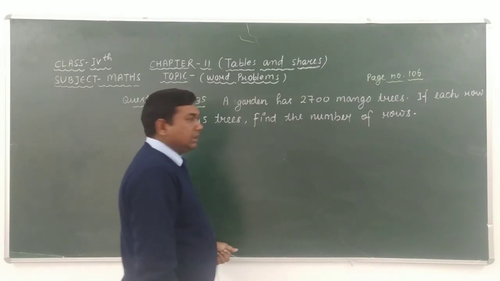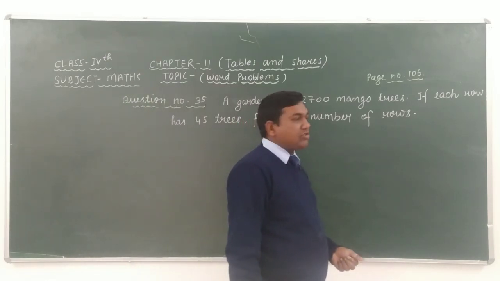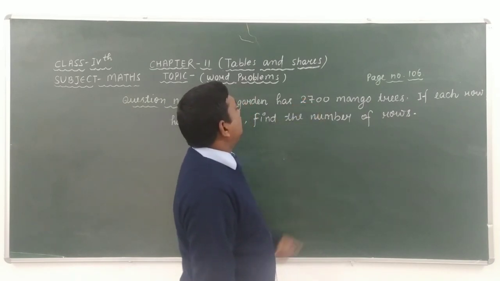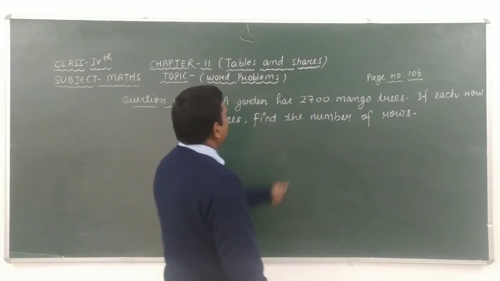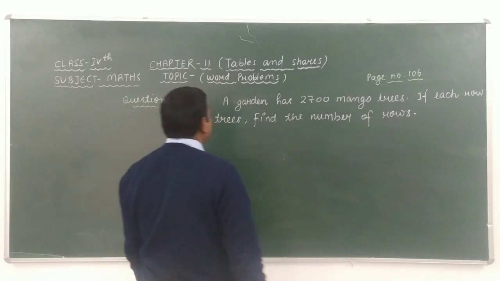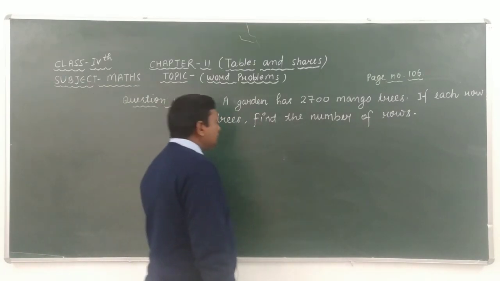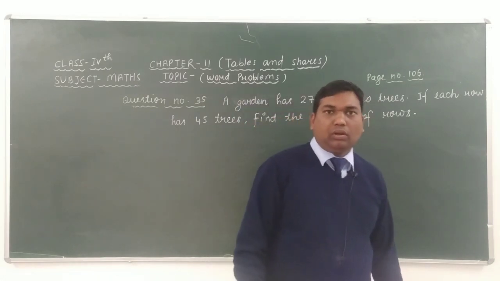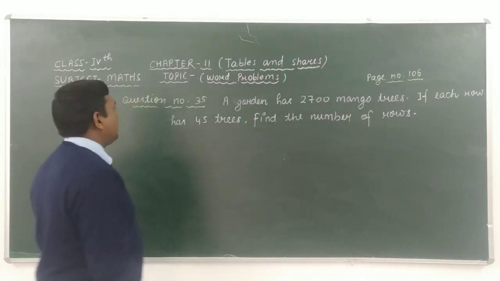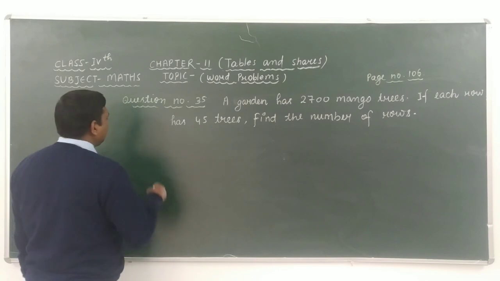It means that in this question we have to take the division of 2700 by 45 for finding the number of rows. Okay, division. Now let's start the solution of this question.